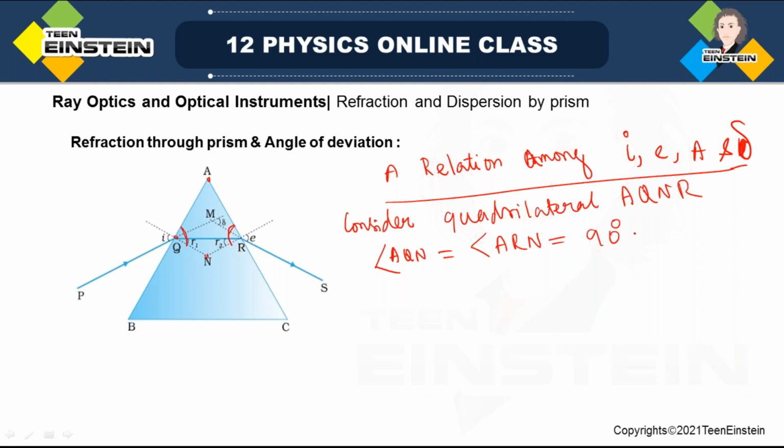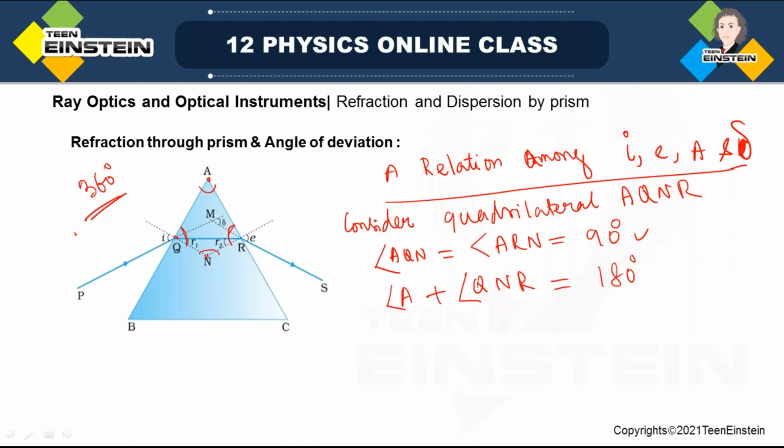From this inference, I can say that the angle of prism A plus the angle QNR, that means this angle N and this angle A, the sum must be 180 degrees, because these two are already 180 degrees, and for a quadrilateral the sum of the four angles has to be 360 degrees.